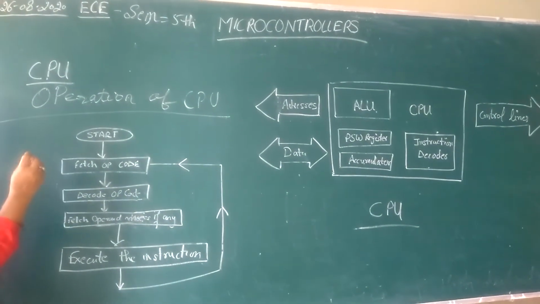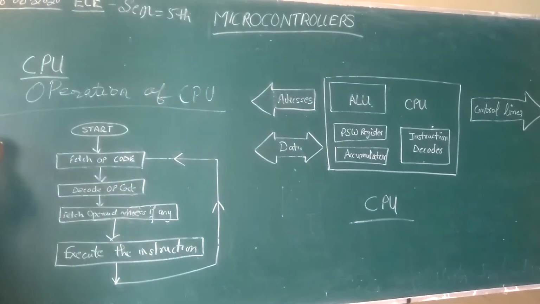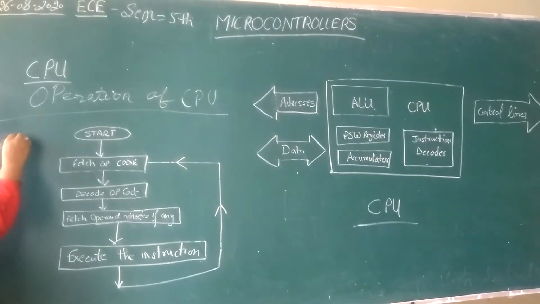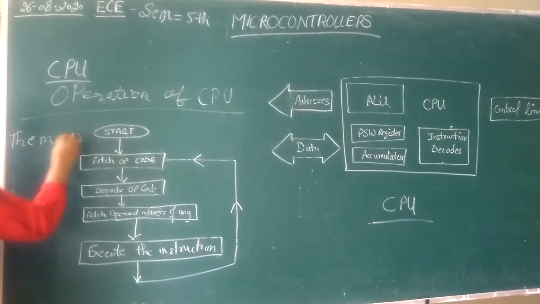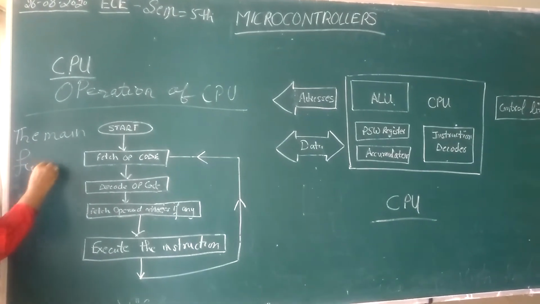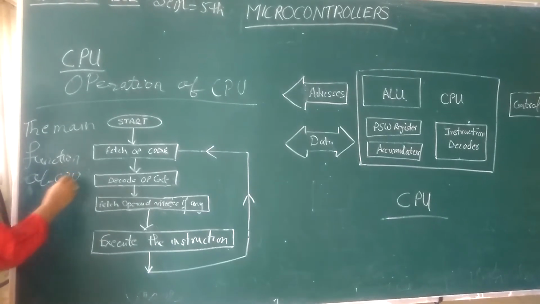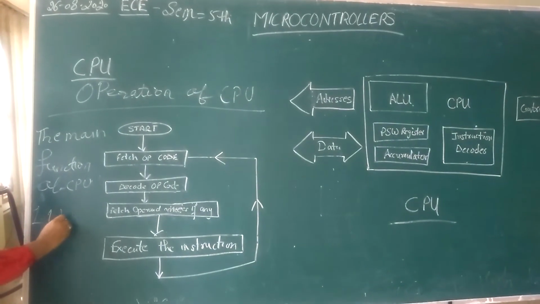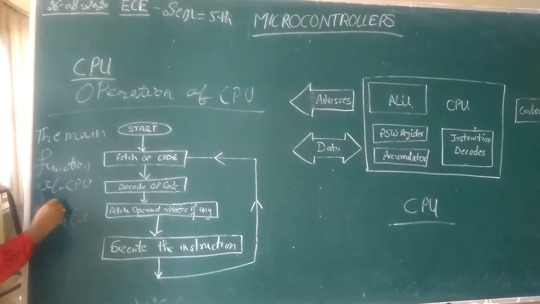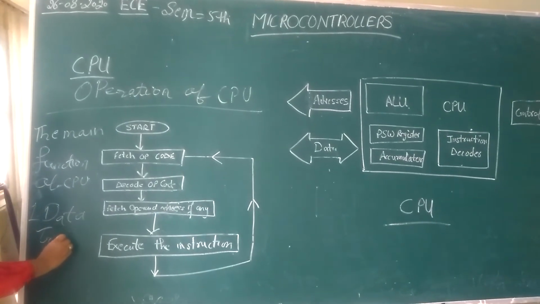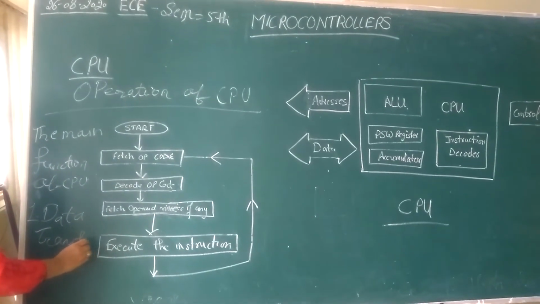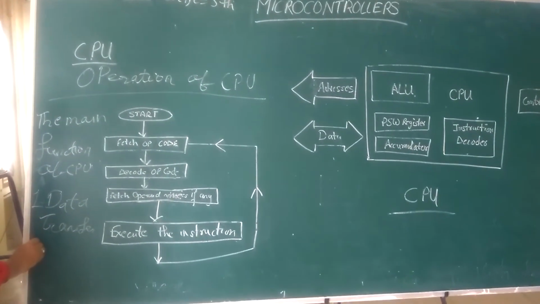There are the 3 main functions of the CPU. Number 1, data transfer. You have to transfer the data from one side to another. Number 2, ALU operation.